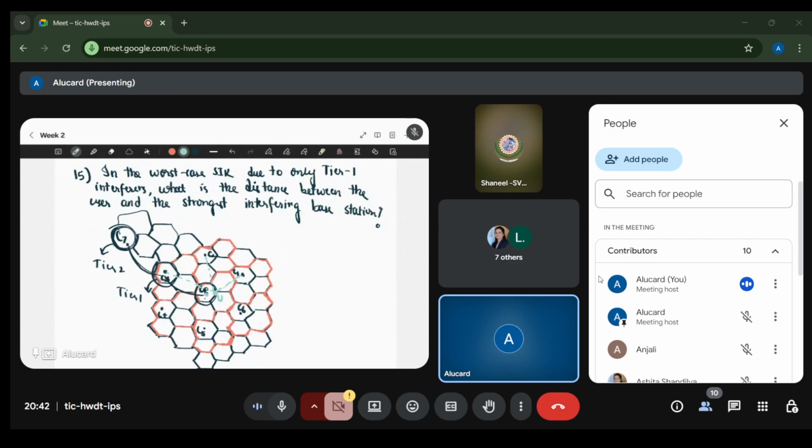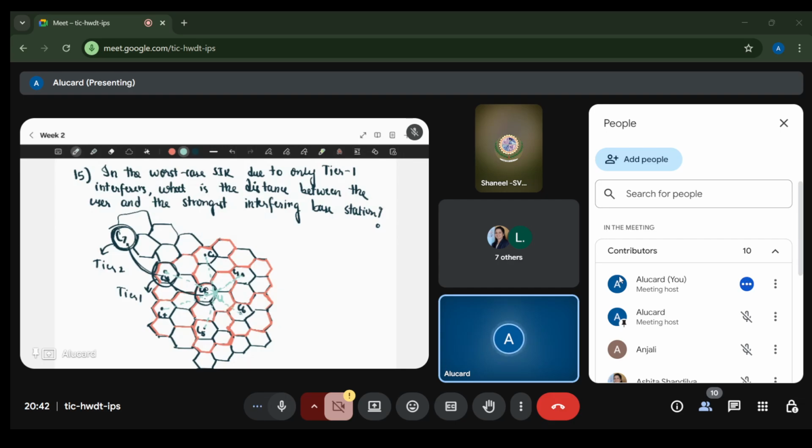Just from inspection, you can see that C3 is farther away from you compared to C1 or C2. Similarly, C4, you don't really have to bother. C5 and C2 are at kind of the same distance, and C1 and C6 are also at the same distance.